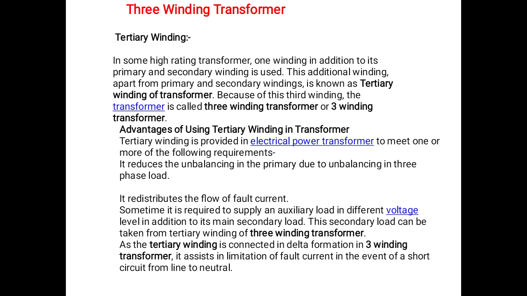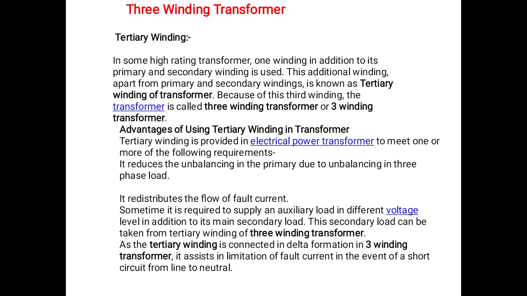So the advantages of the third winding in a transformer are: tertiary winding is provided in electrical power transformers to meet one or more of the following requirements. First, it reduces the unbalancing in the primary due to unbalancing in three-phase load. It means a third winding avoids the unbalancing.